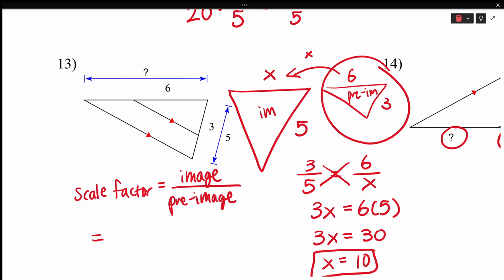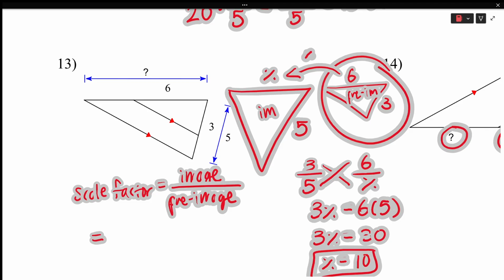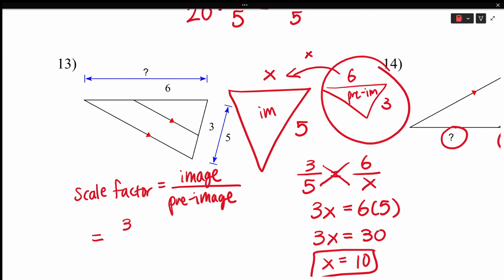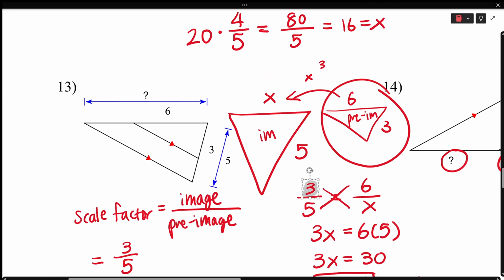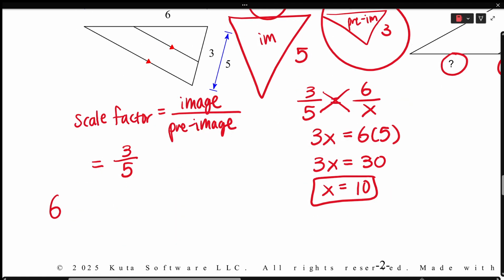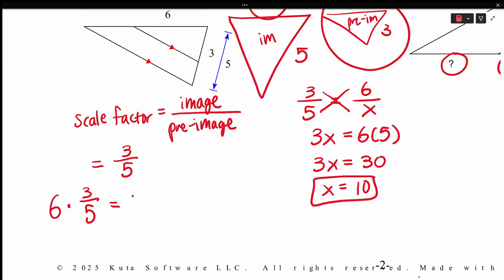So I'm going to do 3 over 5. Those are the two sides that I could use. So I'm going to multiply 6 by 3 over 5 to get my side here. So 6 times 3 over 5. 6 times 3, that's 18, divided by 5.